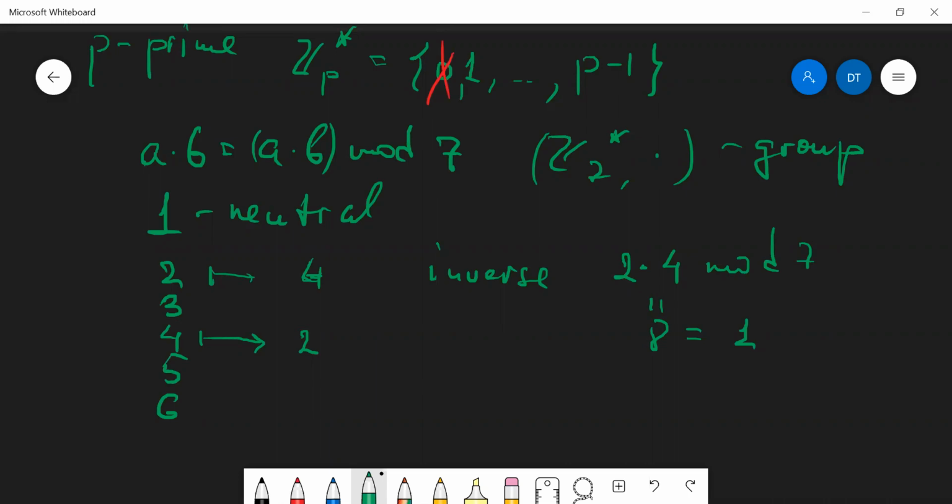So what is the inverse for the element 3? Yep, it's 5. So the inverse for the element 5 is 3. What is the inverse for the element 6? It's 6.